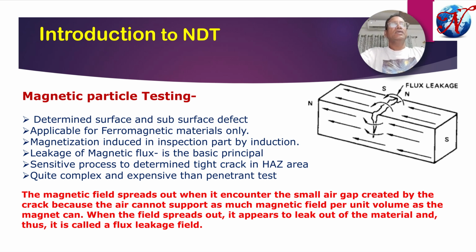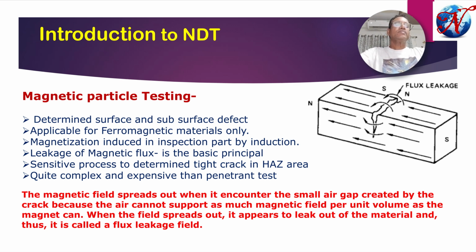If any defect is there in your inspection part, there will be leakage of that magnetic flux, and that leaked area has the maximum magnetic affinity. So when we apply ferromagnetic particles from external sources, that applied ferromagnetic powder, colored for contrast formation, will be attracted to that particular leakage area and give you the indication of the defect or anomalies.